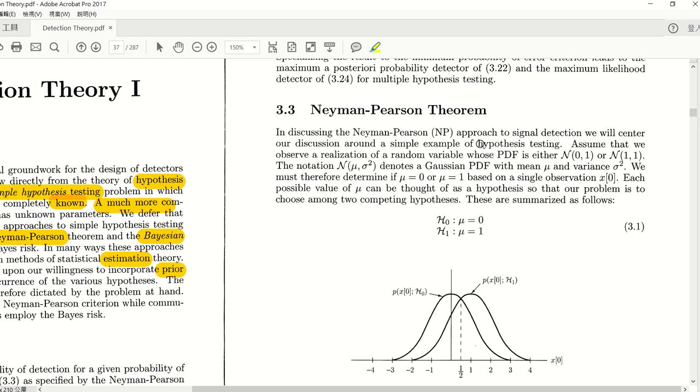We can just use a simple example of hypothesis testing to illustrate the Neyman-Pearson approach. Assume that we observe a realization of a random variable whose PDF is either N(0, 1) or N(1, 1).